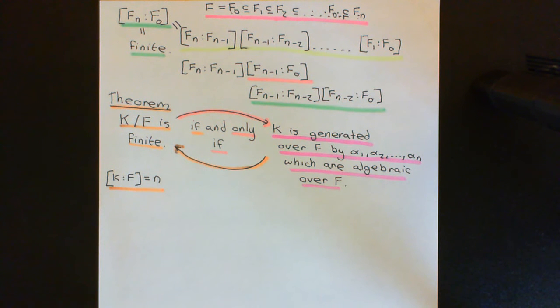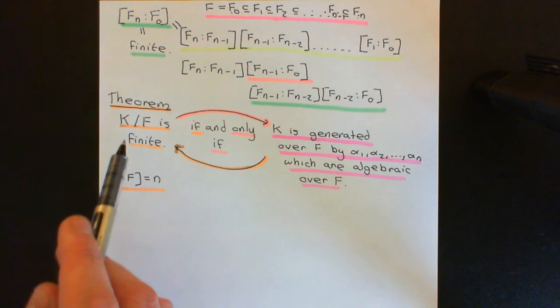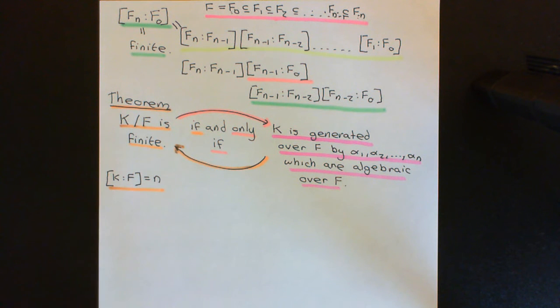Now the first thing to say is that all the elements of K are actually going to be algebraic over F. The reason is that in the video on algebraic field extensions, we showed that if you have a finite field extension of the field F, then you can instantly conclude that that finite field extension is an algebraic field extension. That's a proof that we did in the video on algebraic field extensions.